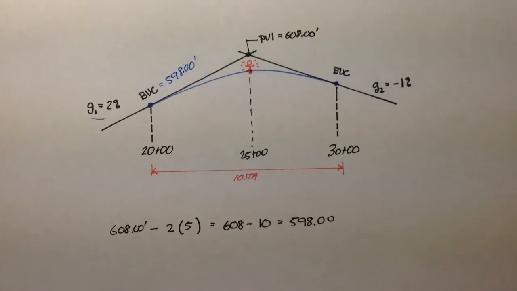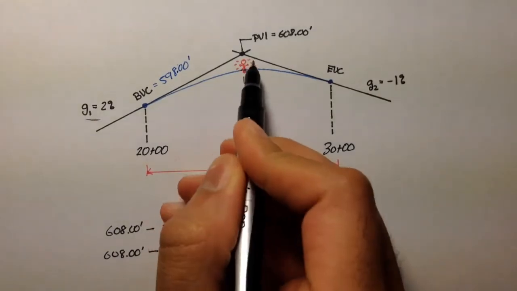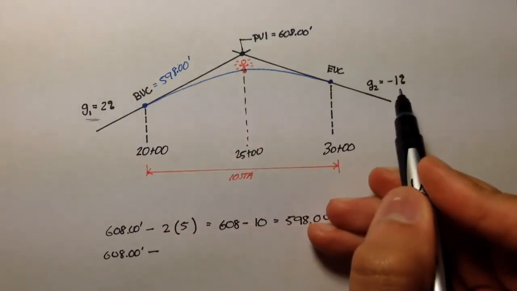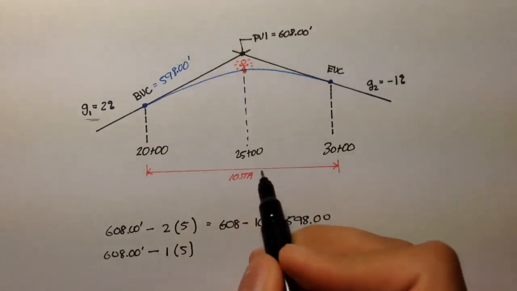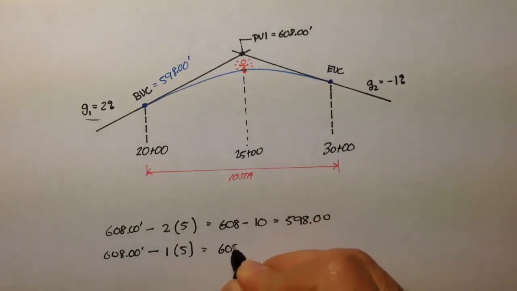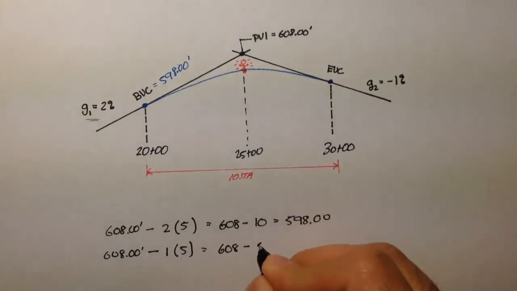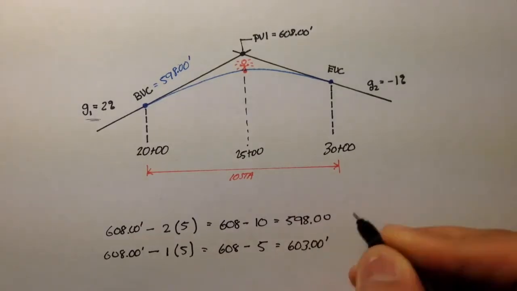Our second question was, what is the elevation of EVC, or the end of vertical curvature? We apply the same grading concept here: 608 minus, because you're going down, a 1% grade. So you have a 1% grade and a distance of 5 stations. So 608 minus 5 is equal to 603.